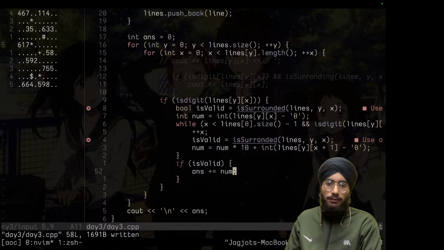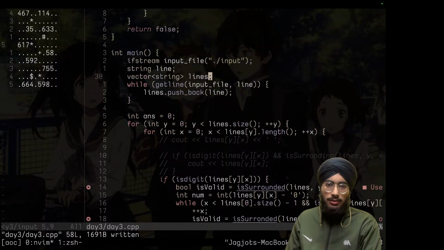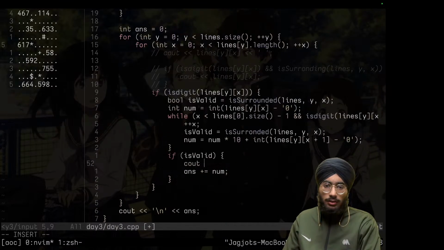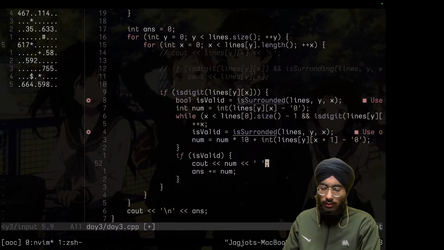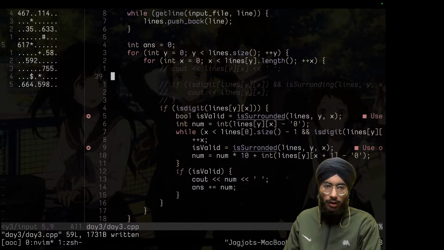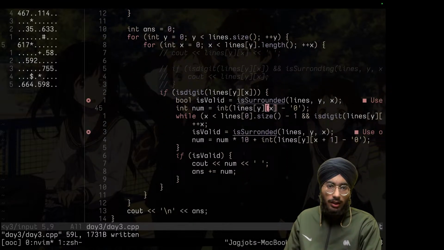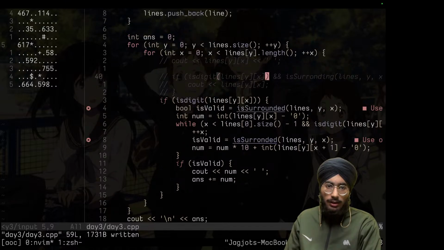Okay, yeah, I think that should be it. Yeah, we're gonna do that, and we are not gonna print lines, and we're gonna make an is surrounded function.